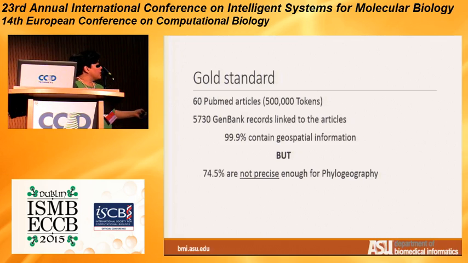For these 60 articles, we got 5,730 GenBank records that were linked to them. 99.9% of the GenBank records had some geospatial information, but 74.5% of these were not precise enough for a phylogeography study. This sample was H1N1, and we had flu virus as well in other parts of the study.